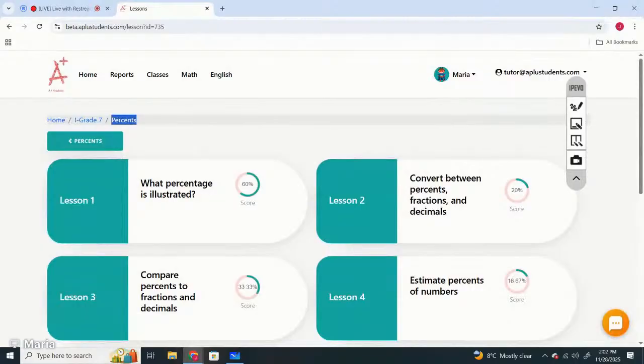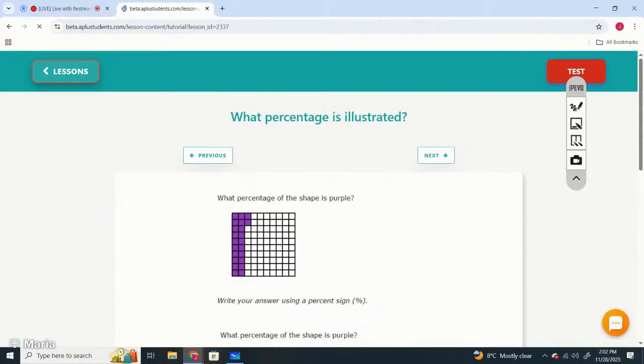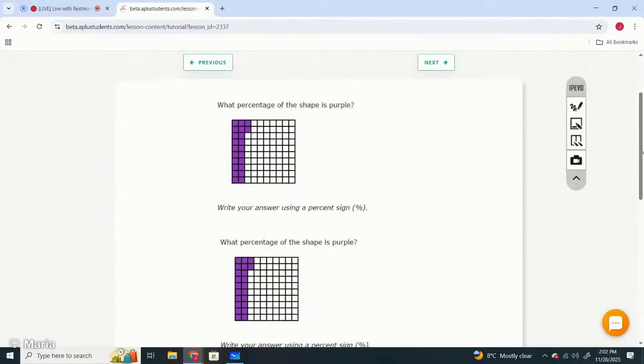Let's just start with the lesson, what percentage is elaborated. What percentage of the shape is purple? So the complete square represents the 100, right?